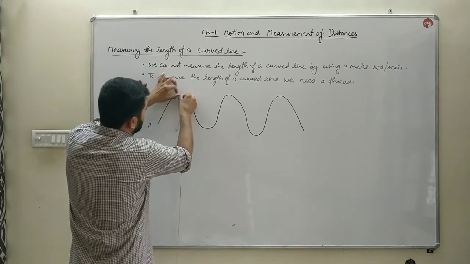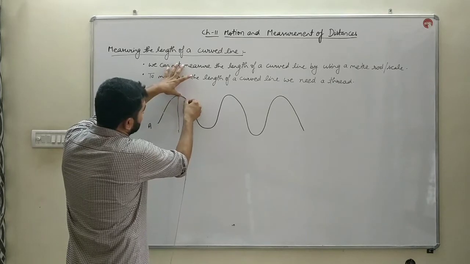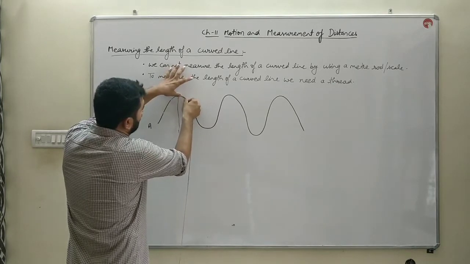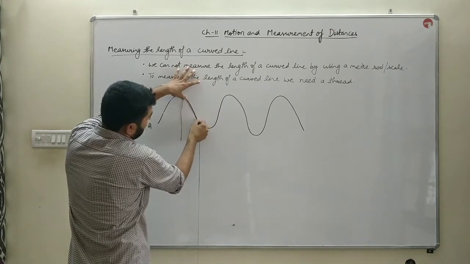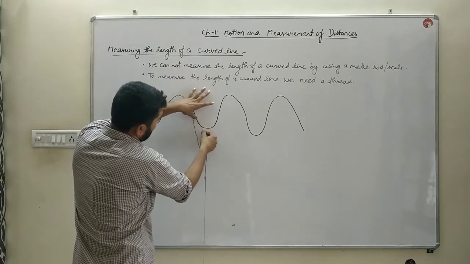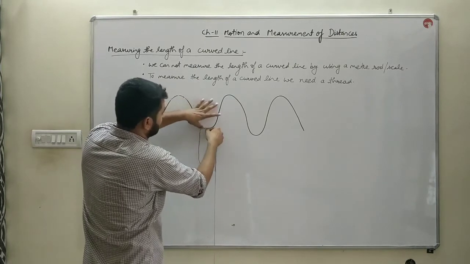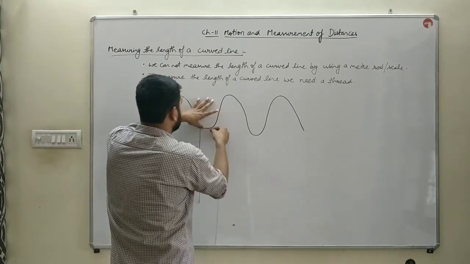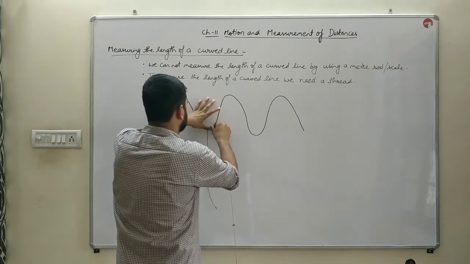Do this in small partitions bache, as it will be very difficult to hold this thread. And by measuring these small distances, you will measure the length of this curved line.